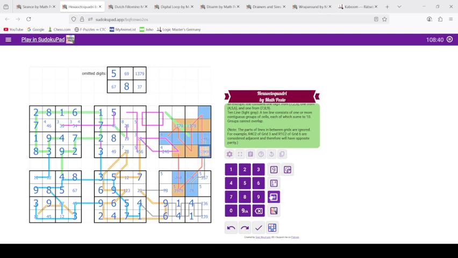It's 2, 4, 6. This is not 2, 4, or 6. This is 2, 4, 6, or 8. That is not 4. This 2, 4, 6 goes there. This is even. There need to be 2 more even cells in this grid.